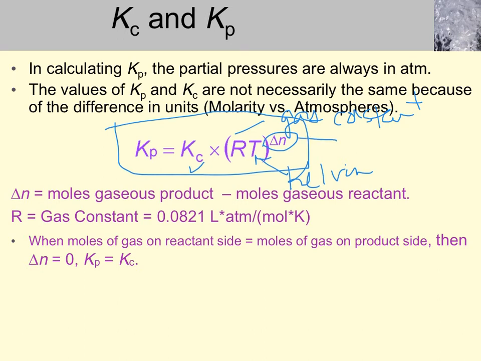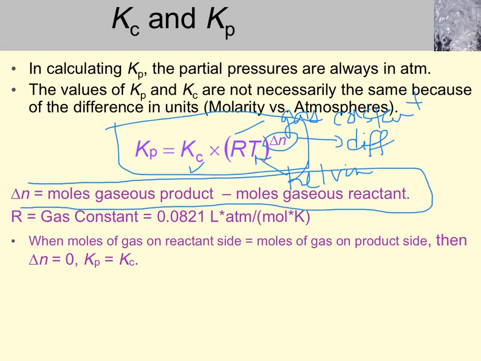Delta n is the difference, that little triangle means difference, between the moles of product that are gas minus the moles of reactant that are gas. In other words, it's the difference in the moles or molecules of gas comparing the reactant to the product. That'll be more clear when we do an example.